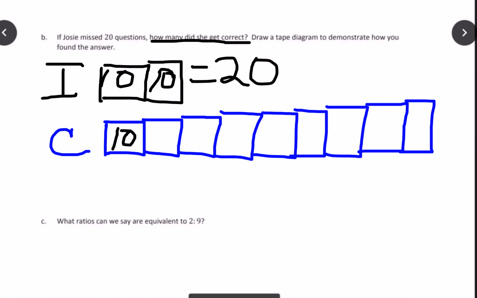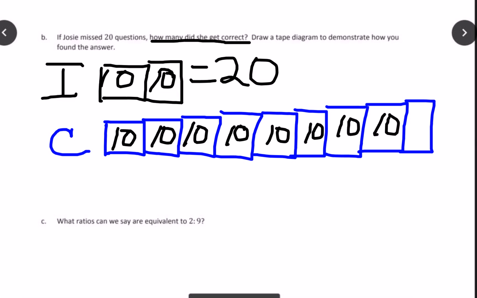So you write 10 in all the boxes. That being the case, you can now figure out how many she got correct. And that's 90. To answer the question, how many did she get correct, you would then put in Josie got 90 questions correct.